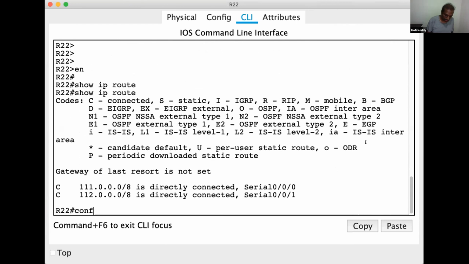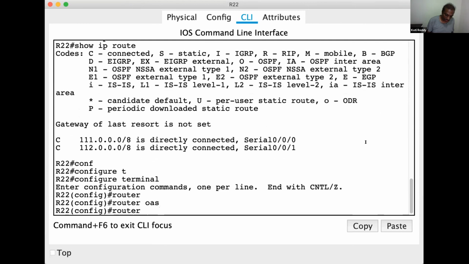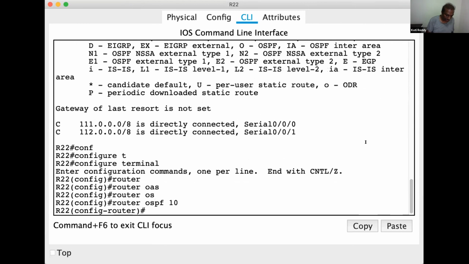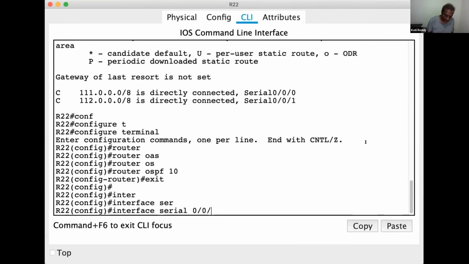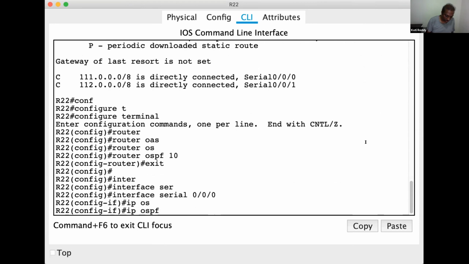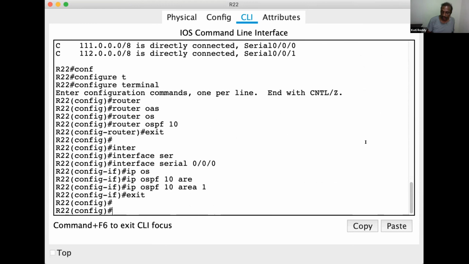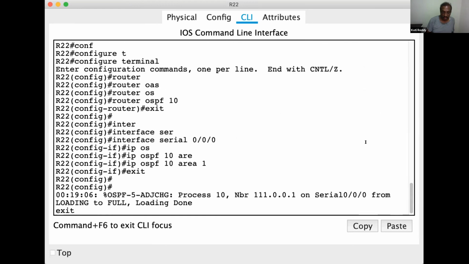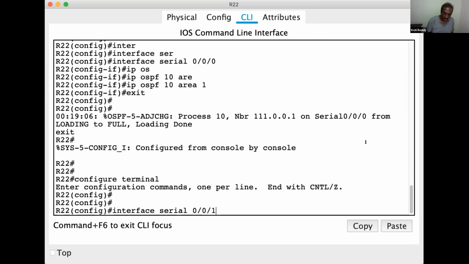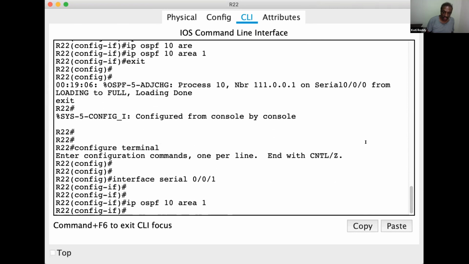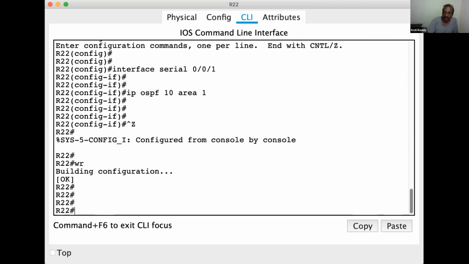I say configure terminal, router OSPF 10, I say exit, I say interface serial 0/0/0, IP OSPF 10 area 1, and also I say exit, interface serial 0/0/1, IP OSPF 10 area 1. I enable it on both the interfaces.